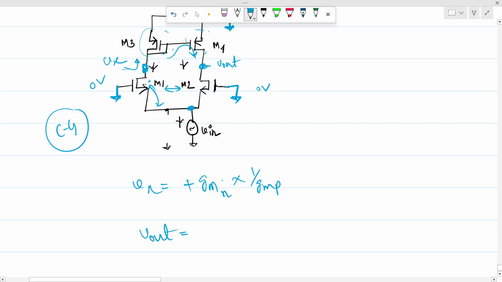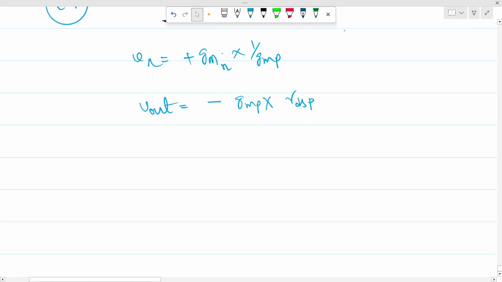will be nothing but, since there is a common source configuration of the PMOS, a negative sign. So this will be GMP times the R out, which will be RDS of P, because we are assuming this transistor has infinite output impedance, into Vx.